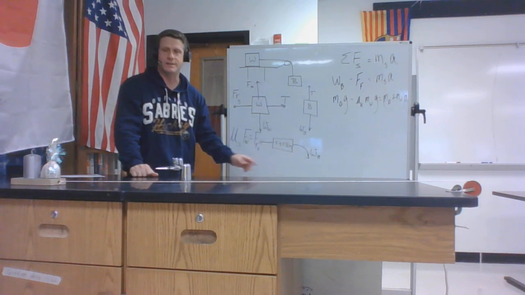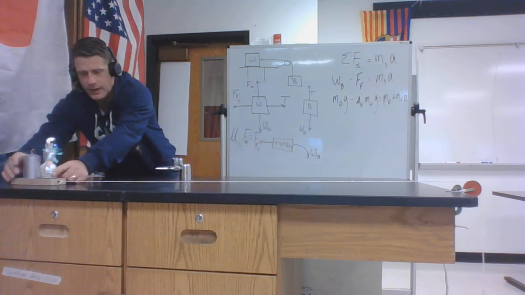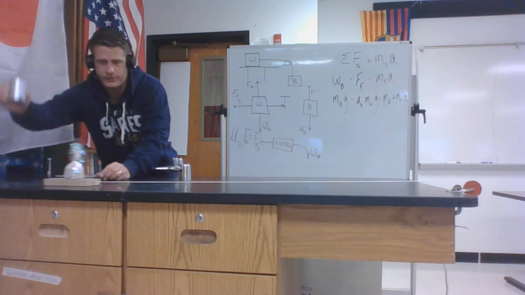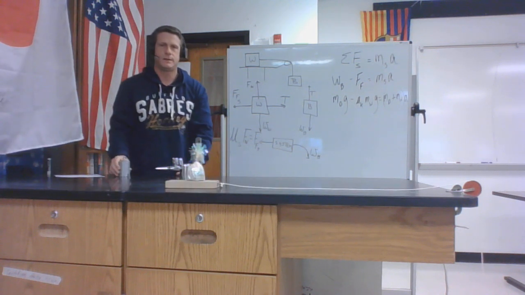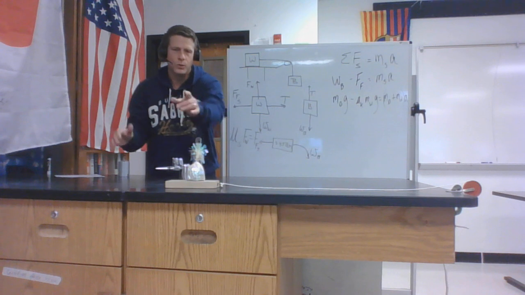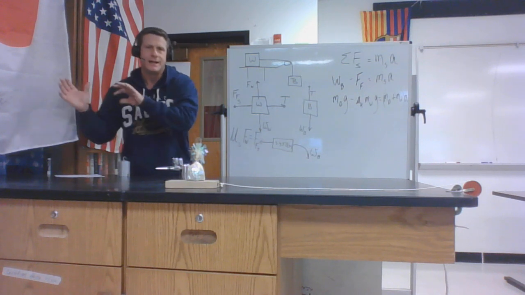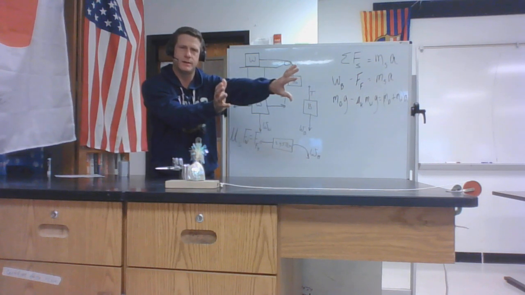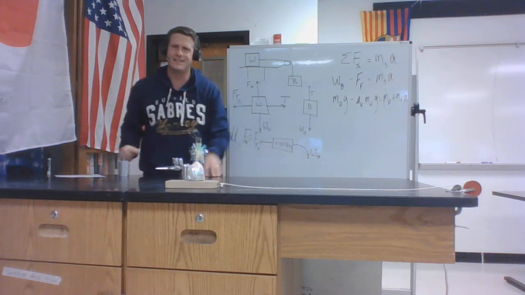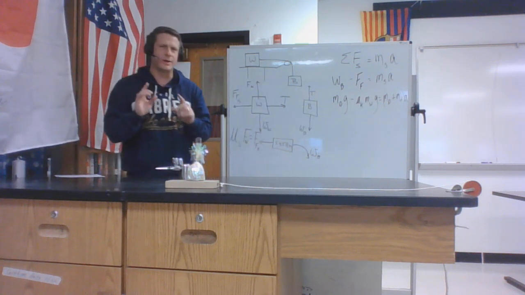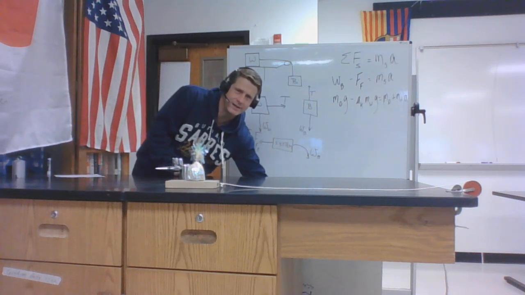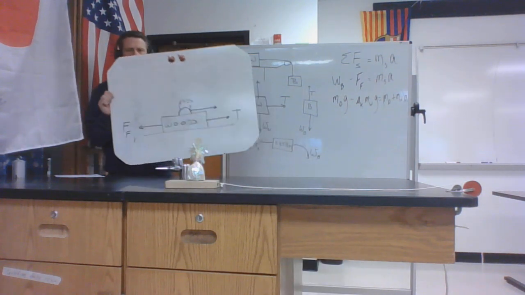Now let's decrease this and see what happens. If I take this silver thing off, look at what happens. The block with the little party favor on it accelerates this way. Now let's examine what's going on there, because that is pretty intricate unto itself.